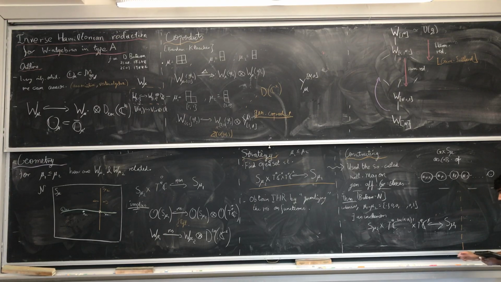This is part of a more general result on affine Hamiltonian slices, which says that in general there's an inclusion for any coweight mu2, of the slice at mu2 plus alpha, minus alpha, includes into plus alpha.